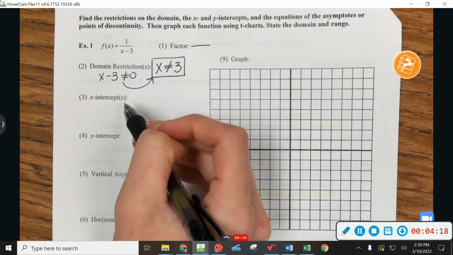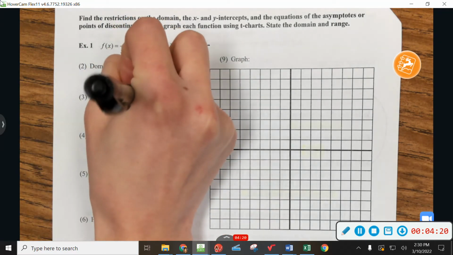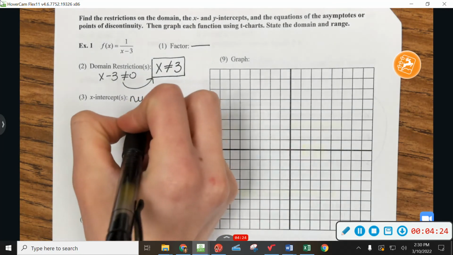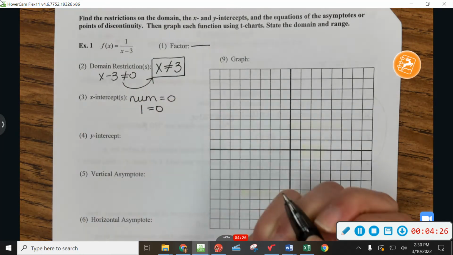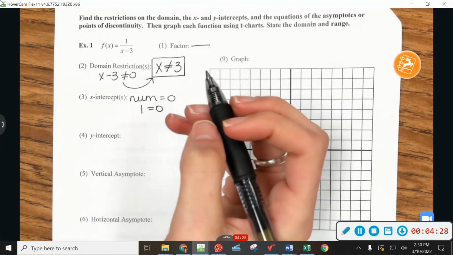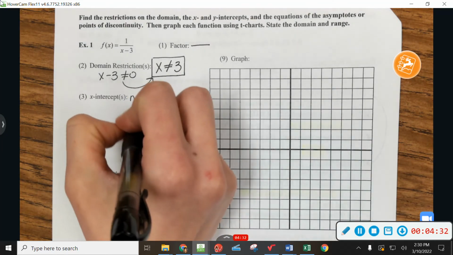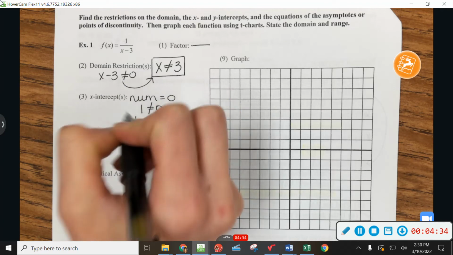So your x-intercepts, we set our numerator equal to 0. Here our numerator is 1. Does 1 equal 0? No. 1 does not equal 0, so there's going to be no x-intercepts.